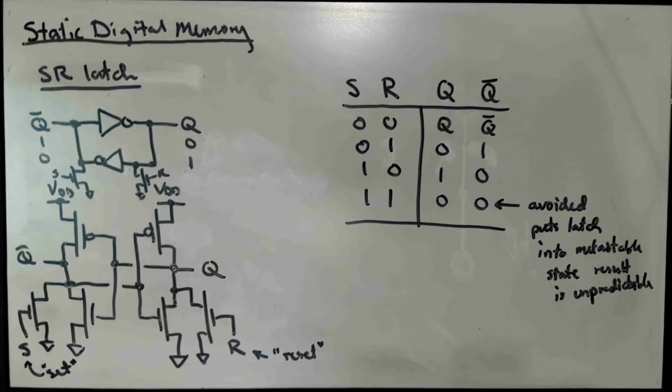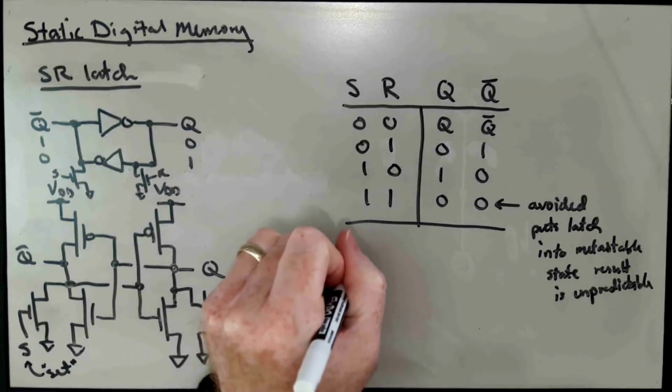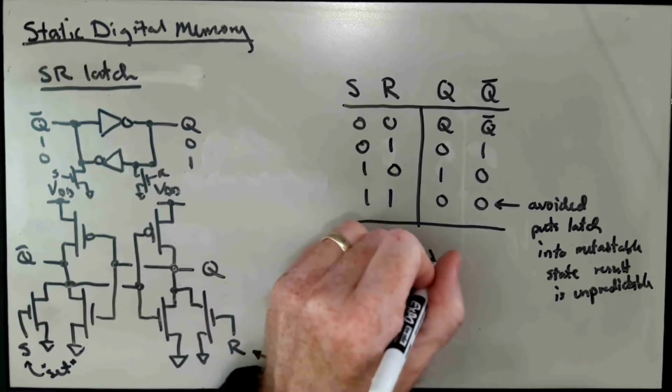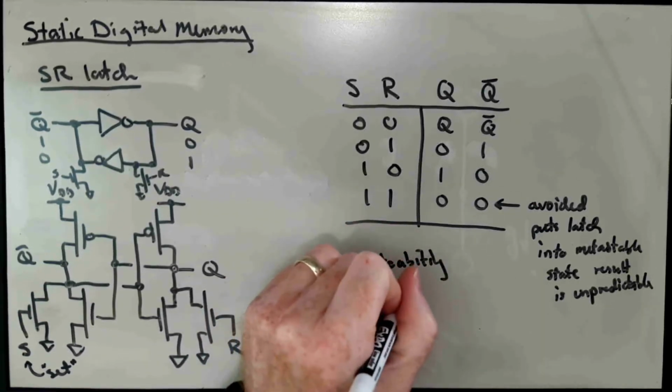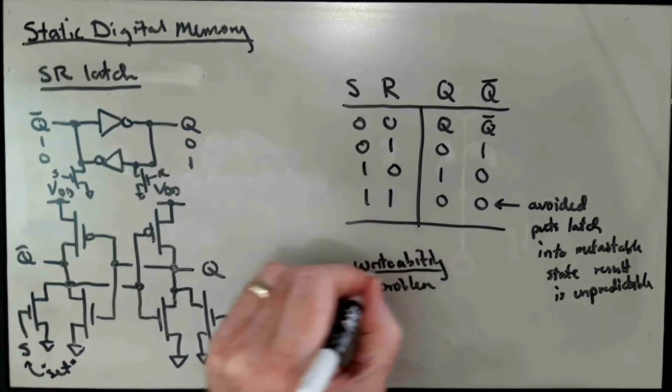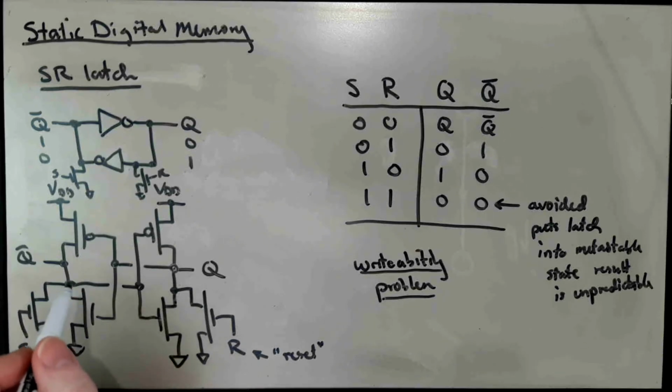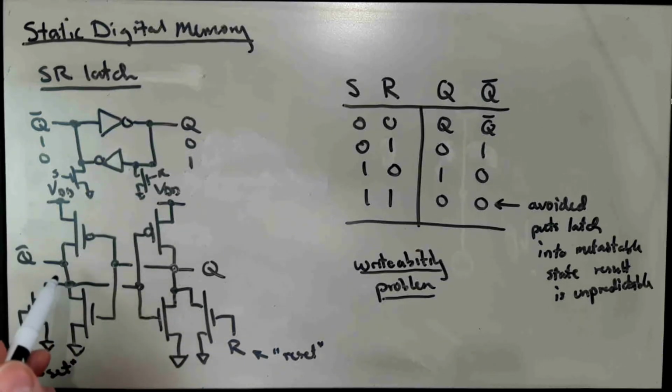One of the things that we didn't talk about here, though, is something called the writability problem. Right, because what we're doing here with these 2 access devices is we're attempting to overpower or overwrite the memory that's stored in the latch at the moment.